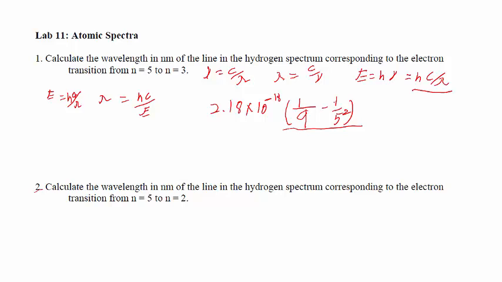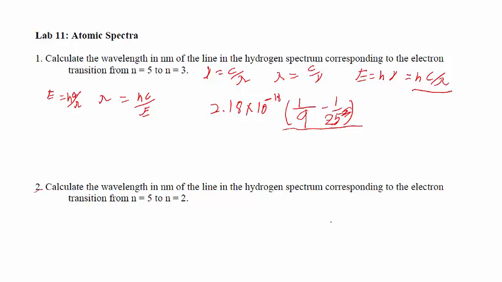One over 9, and 1 over 5 squared is 1 over 25. Easy enough.